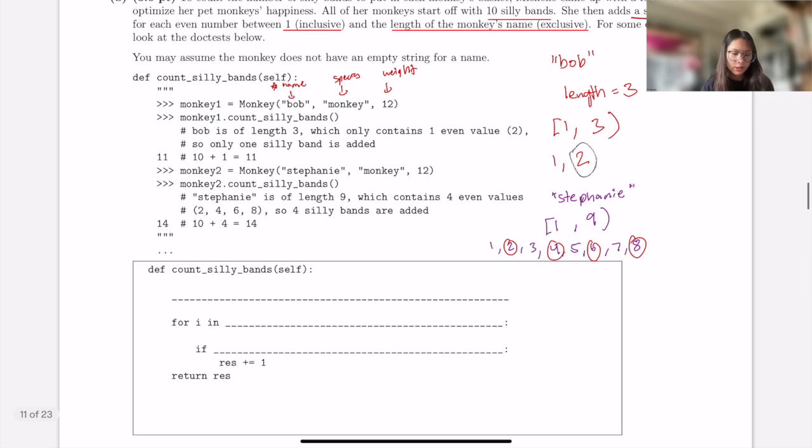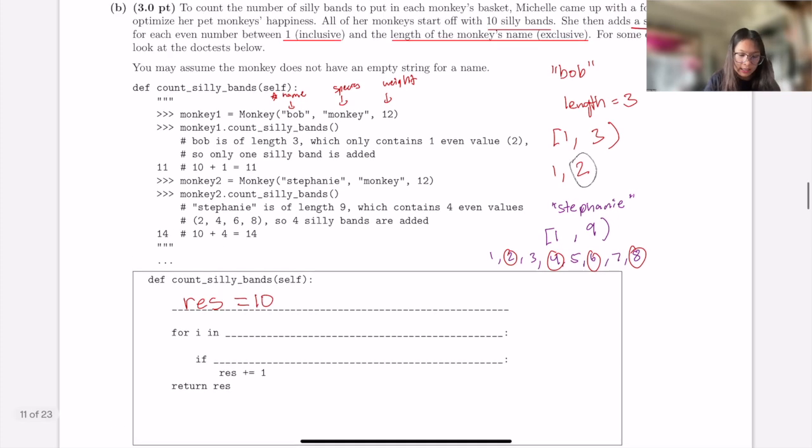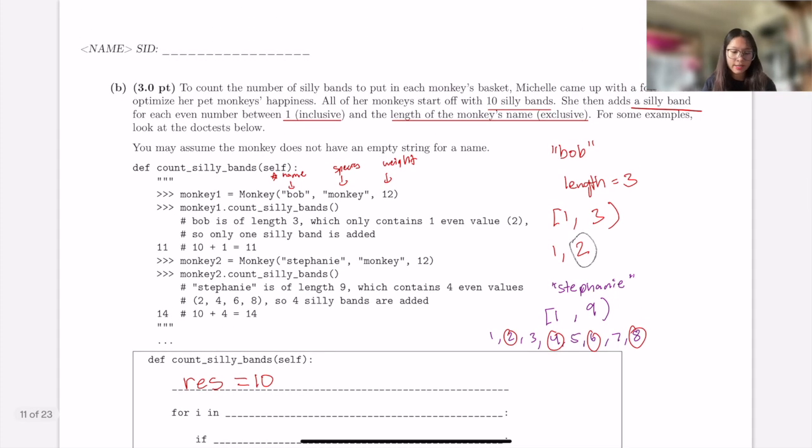So from this skeleton code, we can infer that res will be the variable that we are keeping count of these silly bands in, because we are adding 1 to that variable every time we get an even number. So we can initialize that variable with res equals 10 because each monkey starts with 10 silly bands.